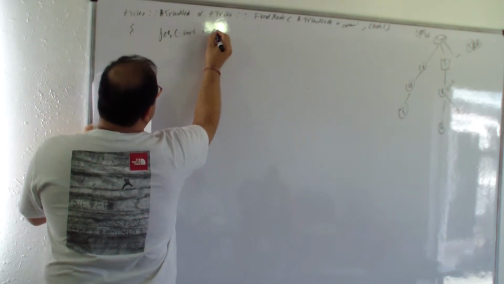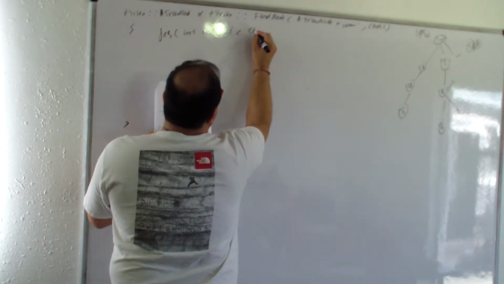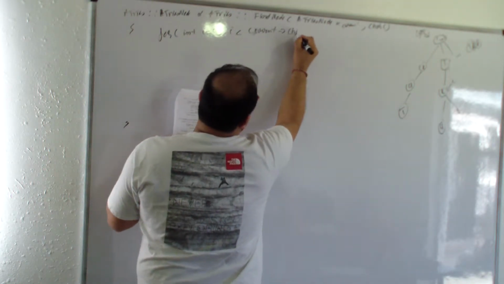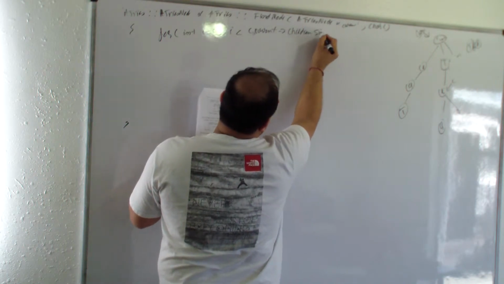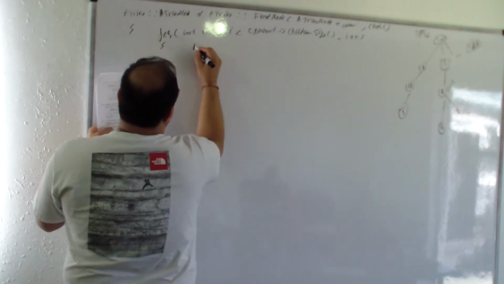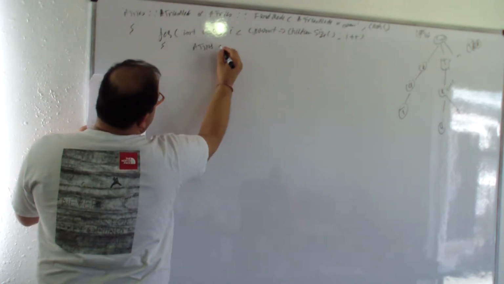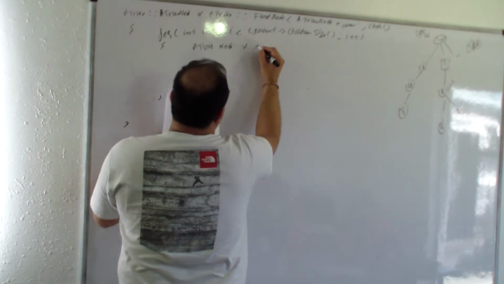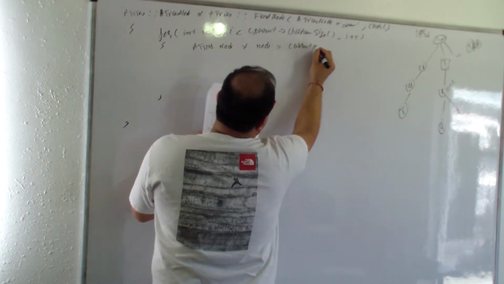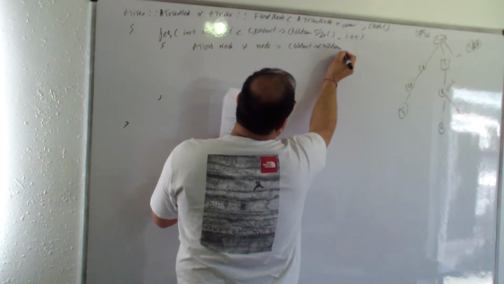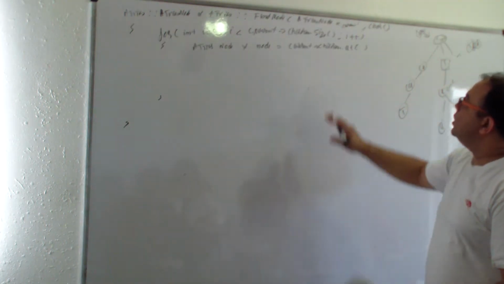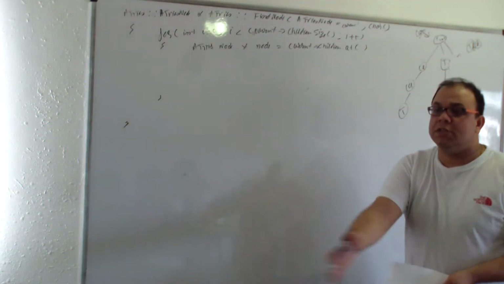For integer I equal to 0, I less than current arrow children dot size, I plus plus, and we will check ATrie node star node is equal to current arrow children. What is that, current arrow children dot size? The size of the array list. So how many children do I have?